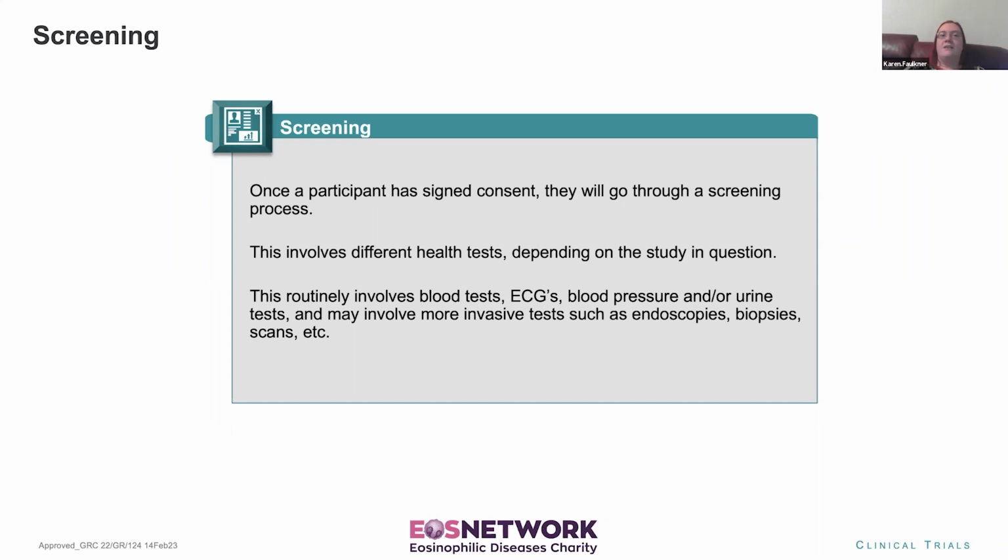Some just have very basic assessments like blood pressures, heart rates, temperatures. Others get slightly more complicated with blood tests, ECGs, and then you get even more complicated still with biopsies, scans, endoscopies. So it varies significantly depending on the actual trial that you are taking part in. But again, all of that information will be in the patient information sheet for that specific study.